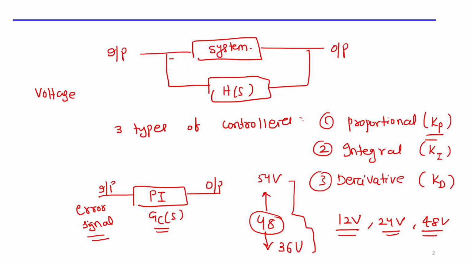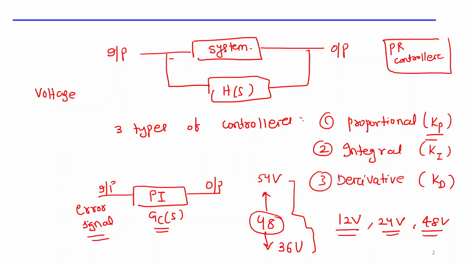But suppose your input is AC and you want to track a sinusoidal reference, then you can use another type of controller, which is not in this course. This is called a PR controller, a proportional plus resonant controller. So in advanced study, if you go for another type of controller, the PR controller is available. I'm not going into detail about how it works inside.